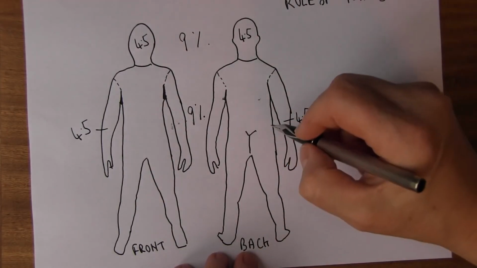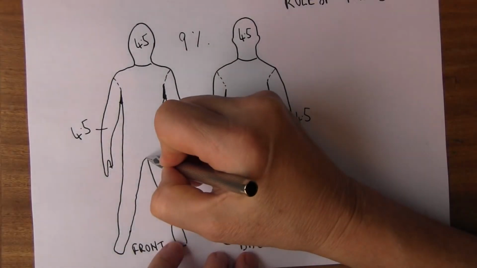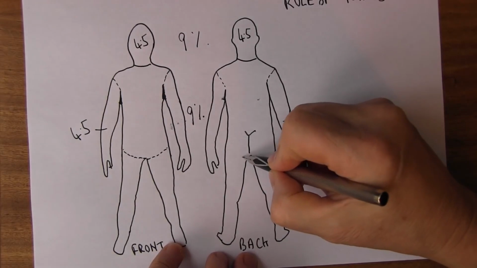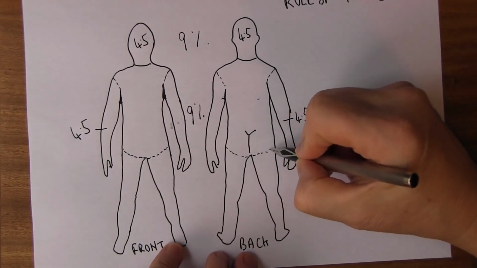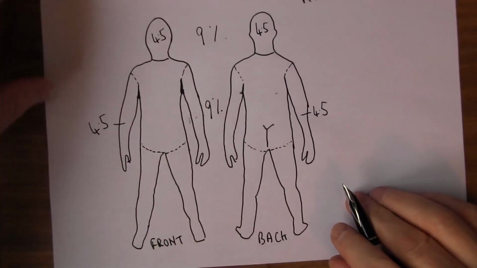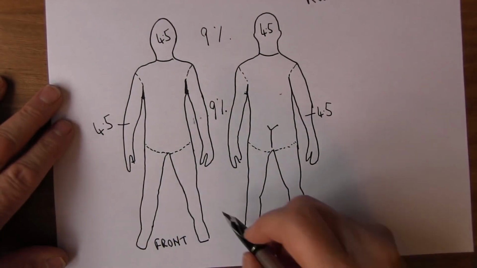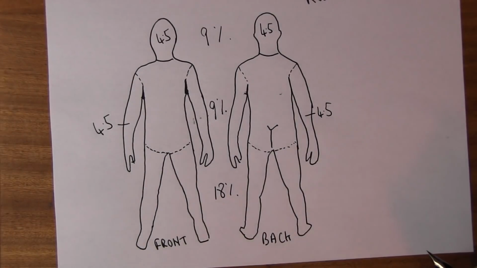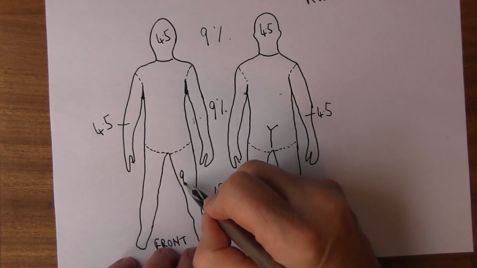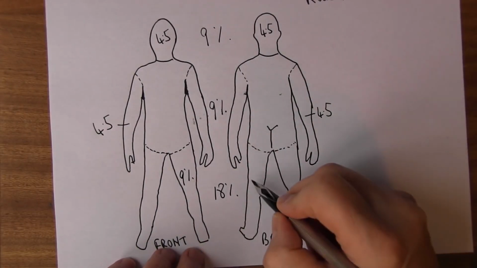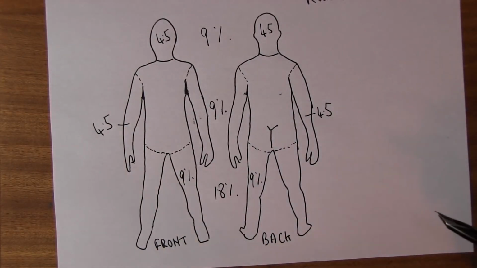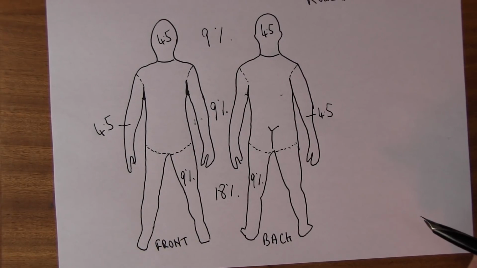The legs, again front and back. So a whole leg, an entire leg, is 18%. And that means the front of a leg is going to be 9% and the back of a leg is going to be 9%. Half a leg obviously is going to be 4.5%.